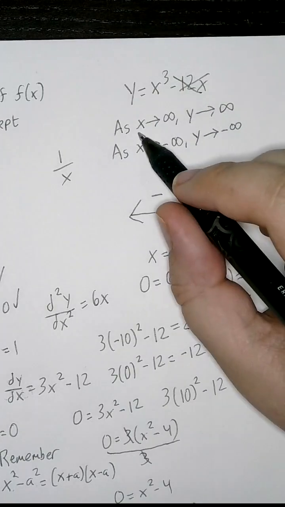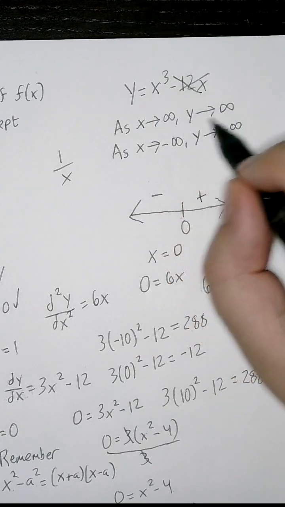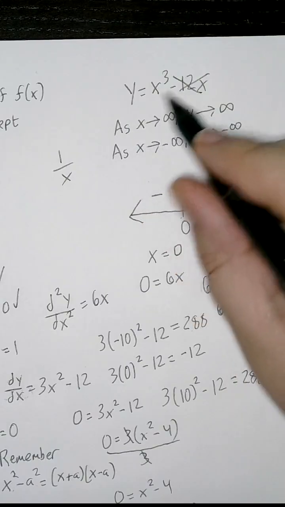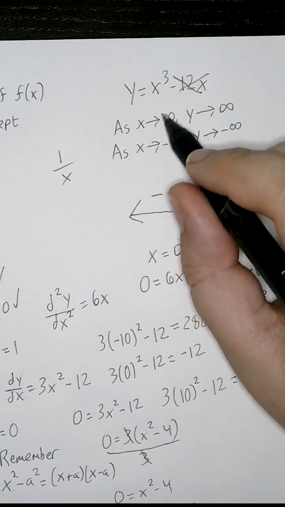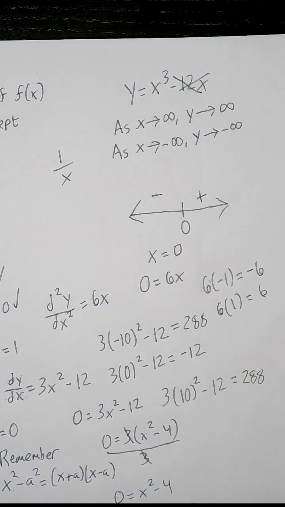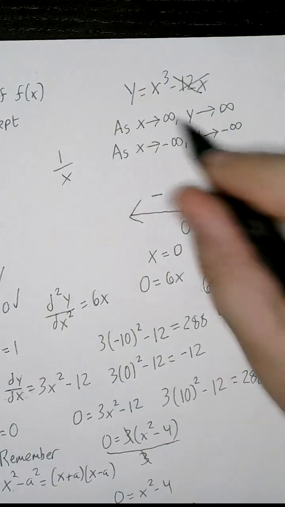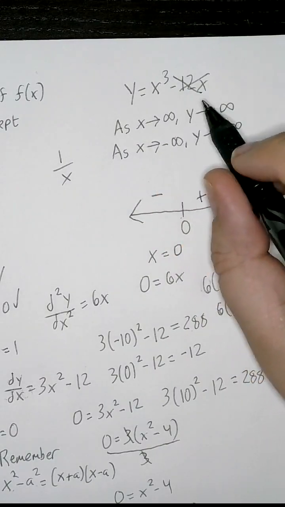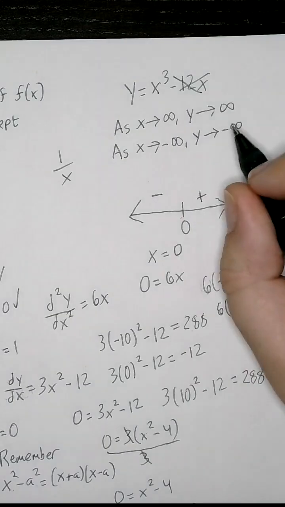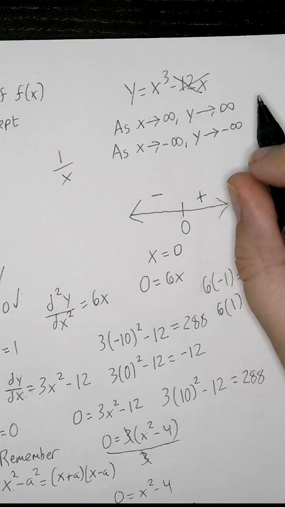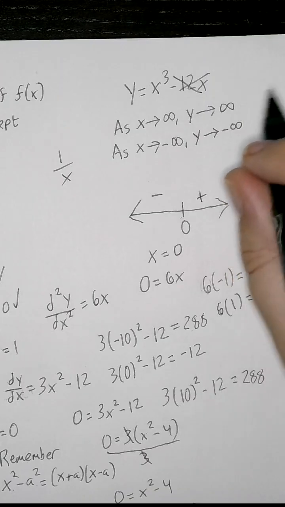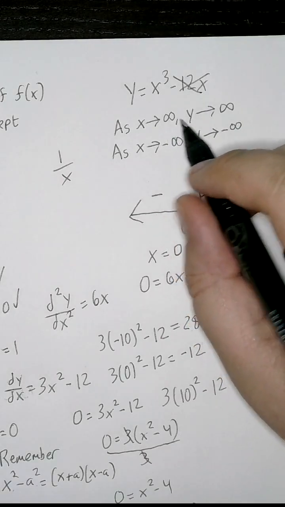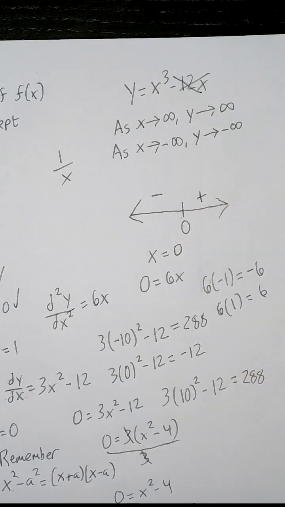So we can say that as x approaches positive infinity, as x gets really, really large, because remember, infinity is not actually a number. Infinity is just an idea. This is a way to describe the largest number. So as x approaches infinity, y approaches infinity.